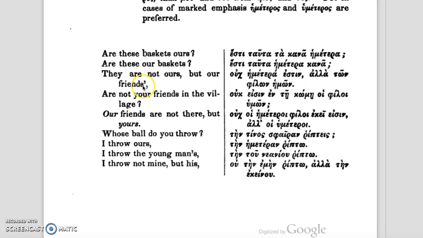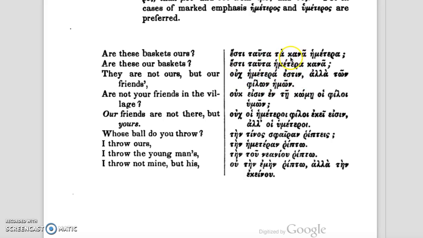Okay, they are not ours but our friends. Uch emettera estin, notice the double accent. Uch emettera estin, ala ton philon emon. Not ours it is, but of the friends of us. So we would translate, they is not ours.